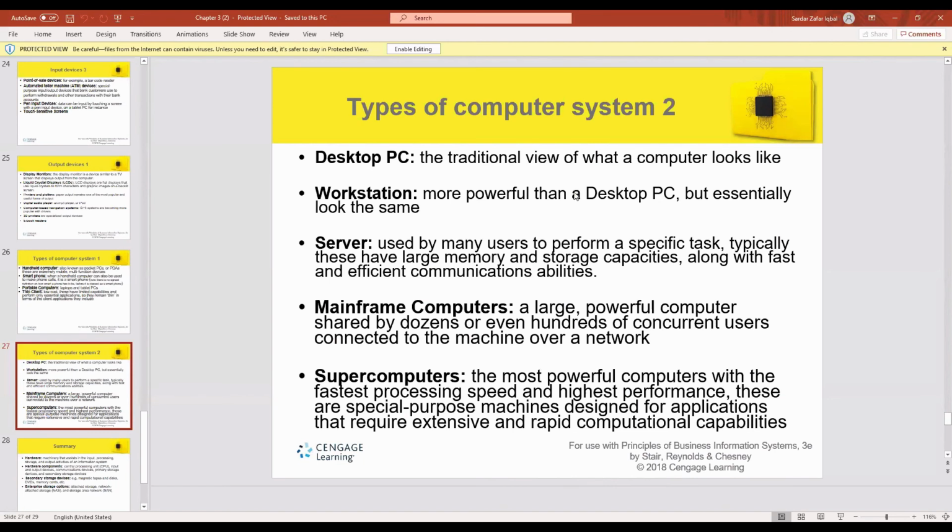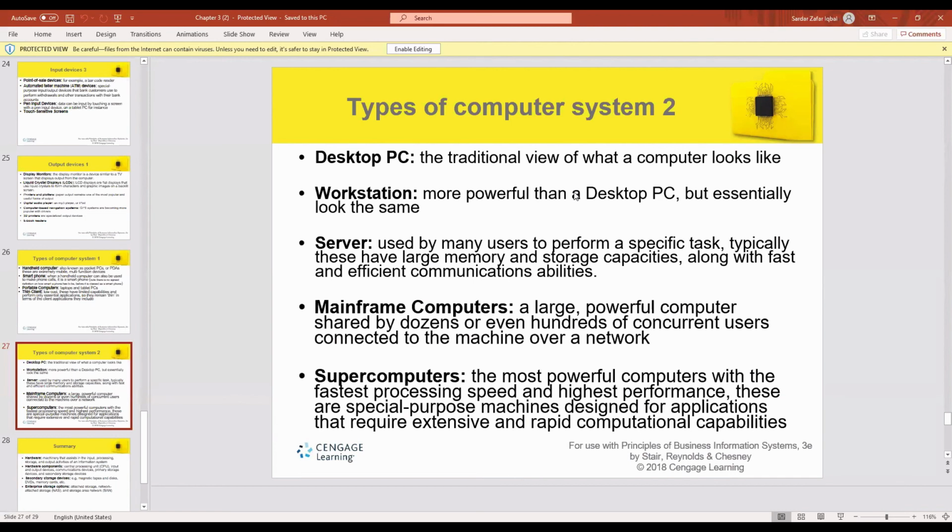A workstation looks the same as a desktop PC, but it is more powerful, and it is used for specialized purposes, like in networks, or as a server.